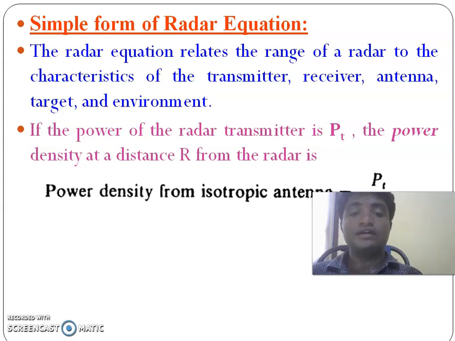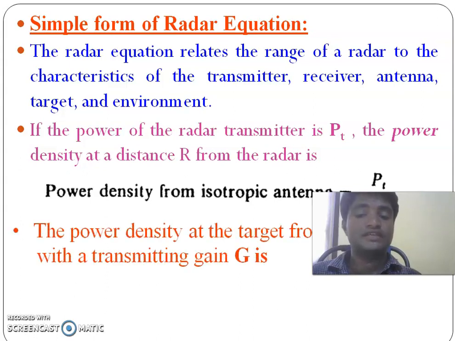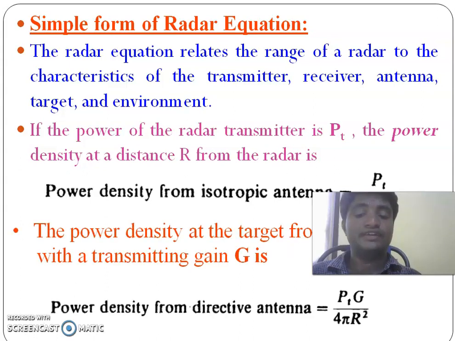For practical use, we use directive antennas. These directive antennas have a gain of G. Therefore, power density of a directive antenna is Pt into G by 4 pi r square.